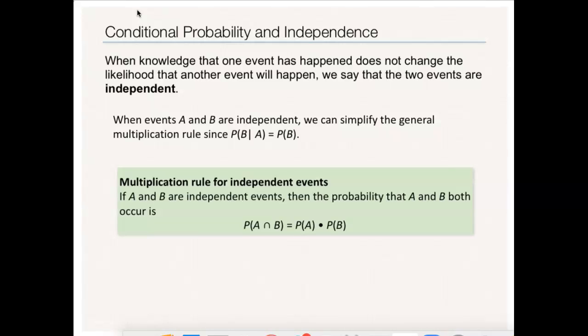The formula that simplifies down to is: if I have two events A and B, and I can show that the probability of event B occurring given that event A has occurred is the same as just the probability of event B occurring by itself, then we say that the two events are independent, because knowing that A occurred did not influence the probability of event B occurring.